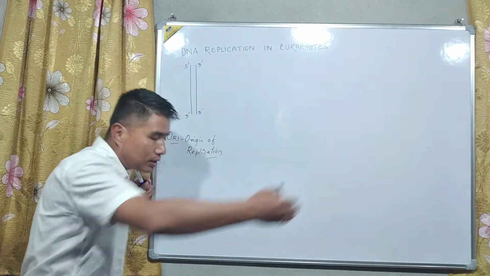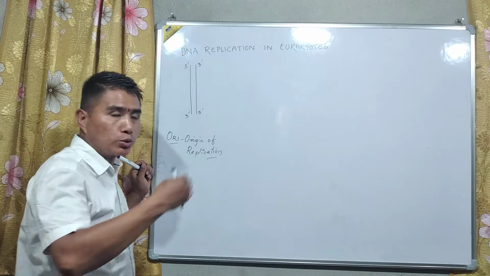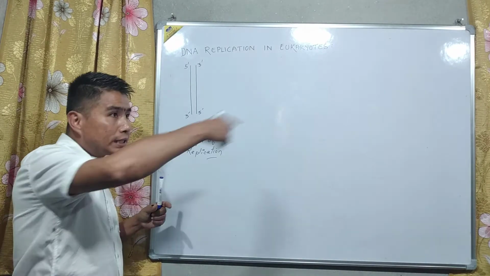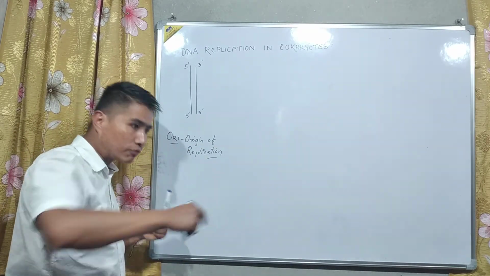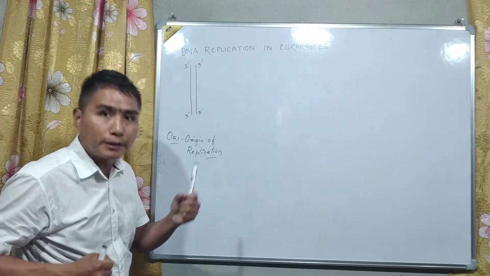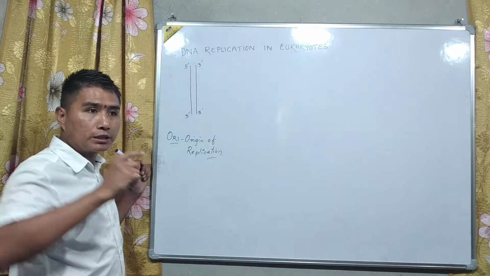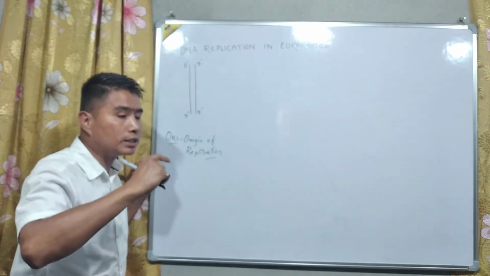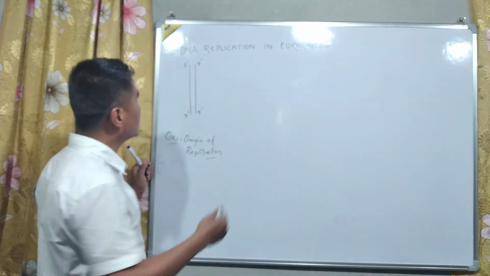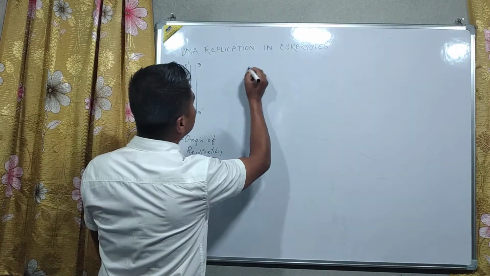Like in a race course, the whole track is the running track, but there is a place from where you should start running. Yes or no? Likewise, ORI means origin of replication is a special sequence in the DNA from where the DNA replication starts.